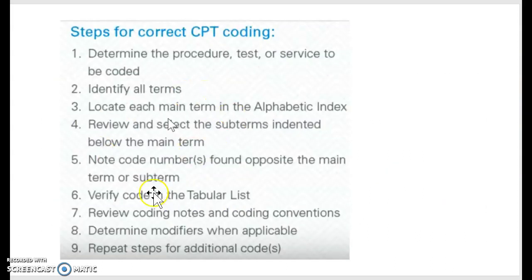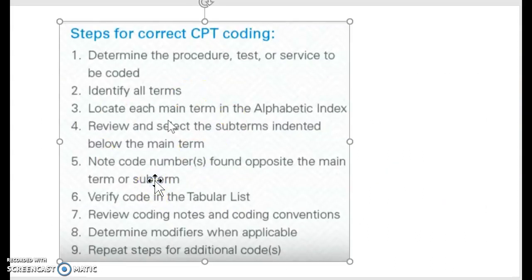immunization. I want you to review the steps quickly, because remember, the steps for CPT coding are the most important part of the job of a coder, to make sure they are taking the right steps to find the correct code.